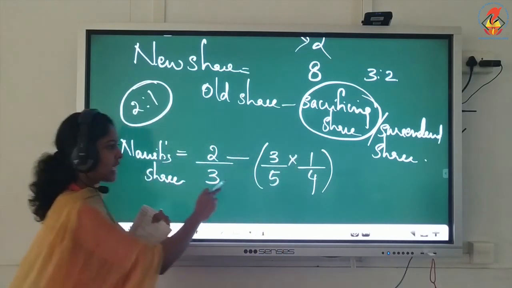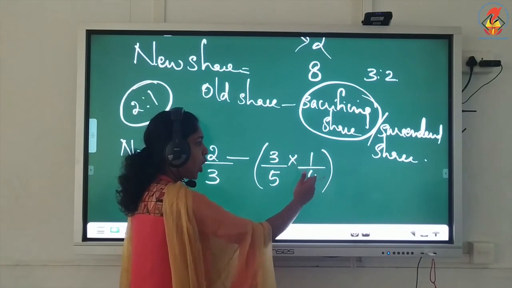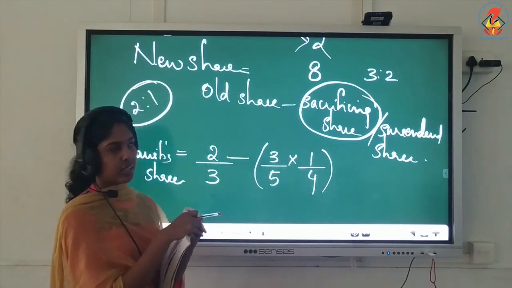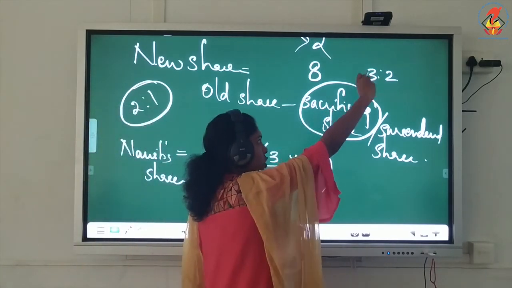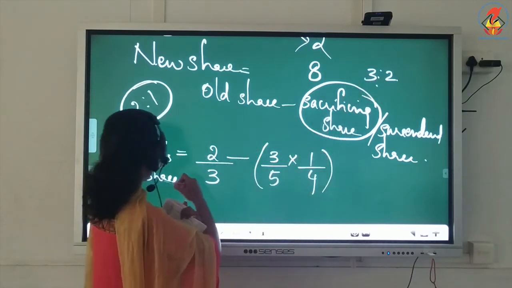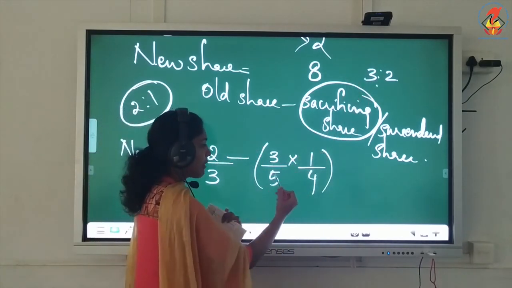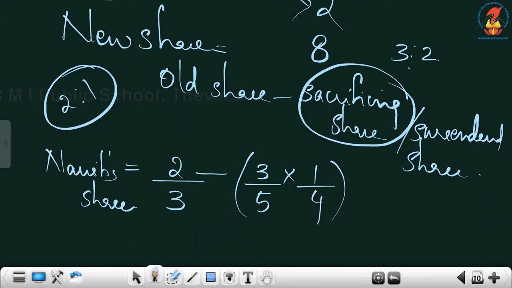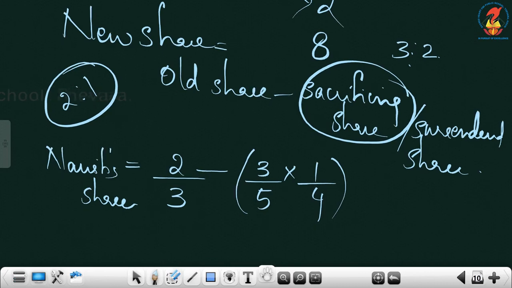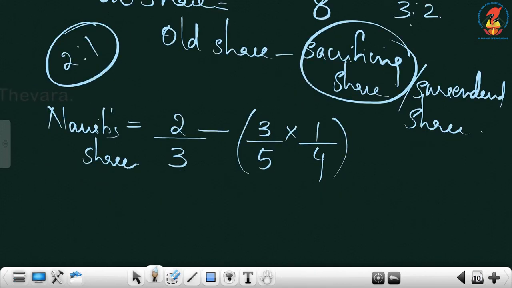No. What he is taking is 1/4 of 3/5. 3/5 is the sacrificing ratio. Out of that, Naresh's proportion is 3/5 and he will be giving 1/4 of 3/5. This is the sacrificed proportion or sacrificed ratio.